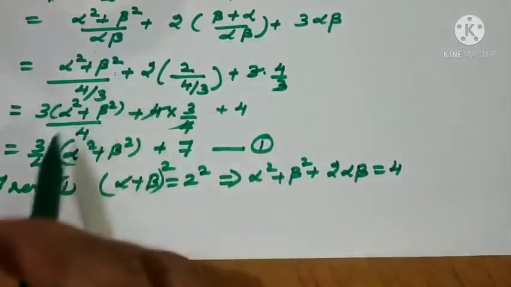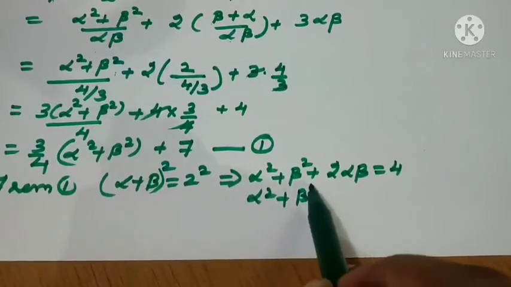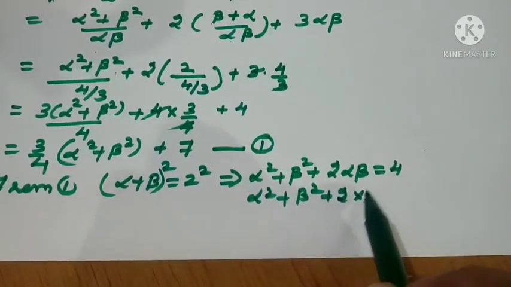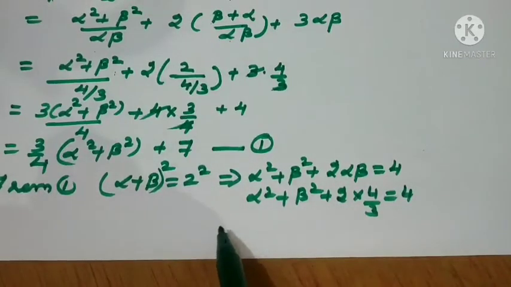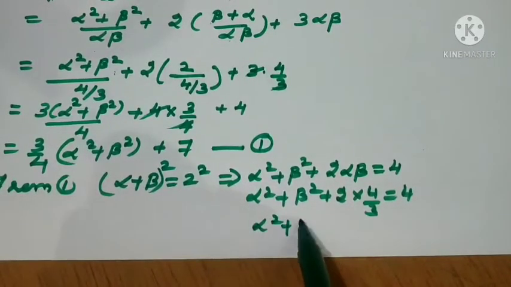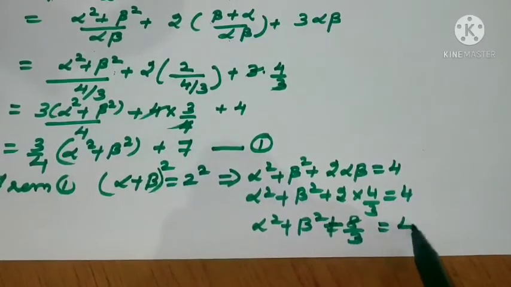Right? What is alpha beta? It is 4 by 3. So alpha square plus beta square plus 2 into 4 by 3 equals 4. Right? So what is alpha square plus beta square? Plus 8 by 3, I'll write one more step, plus 8 by 3 equals 4. So we can calculate what alpha square plus beta square is.